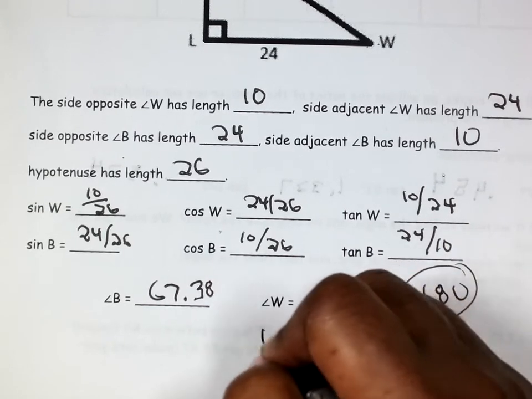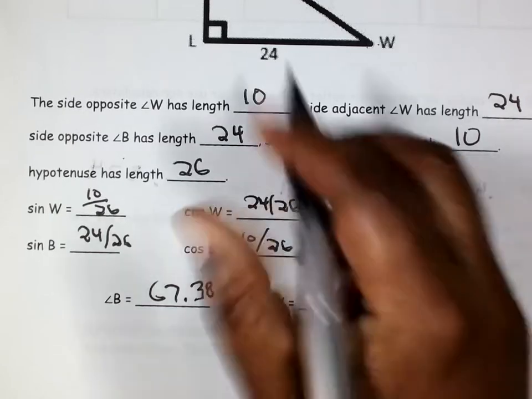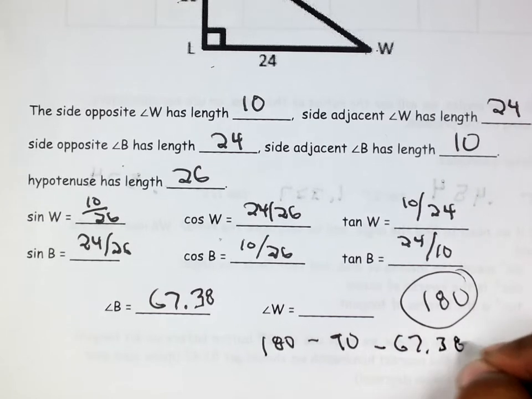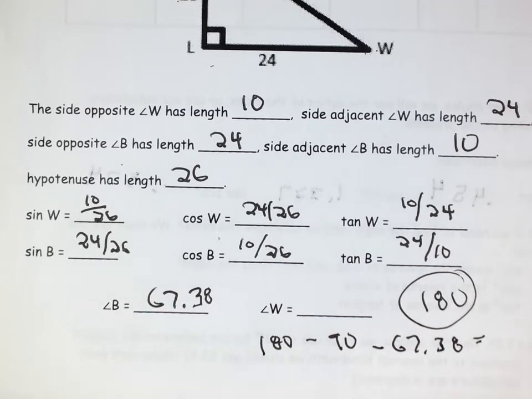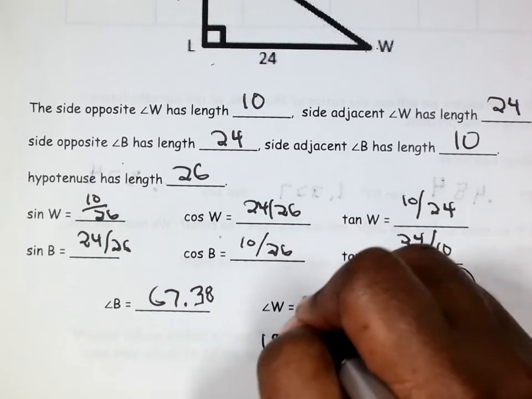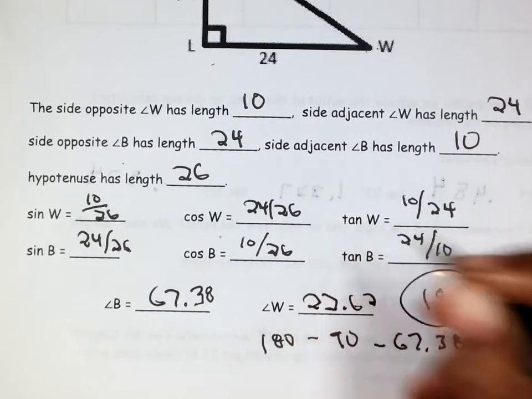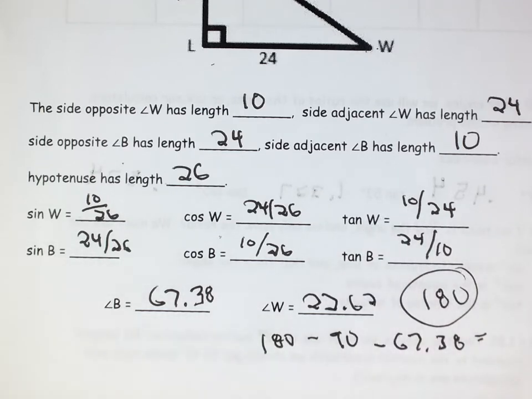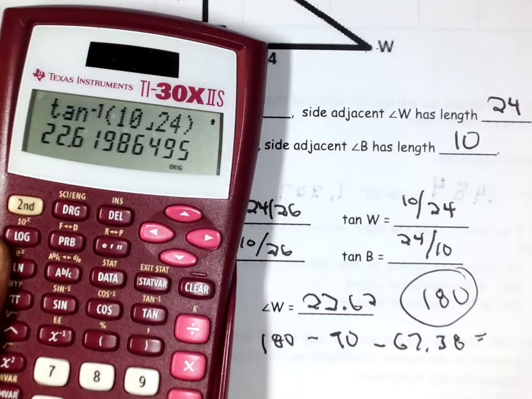So if I do 180 minus the 90 for that right angle, minus the 67.38 for the angle we just found, that's going to give me what angle W is. And it's 22.62. Now if you didn't want to do that, we could just do the inverse trig. So I could do second function tangent 10 over 24, and I get 22.6198. So there's my 22.62.